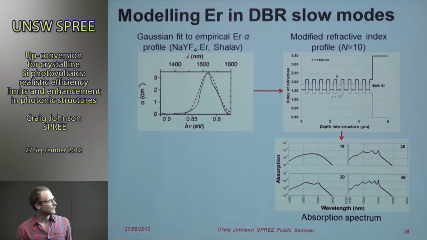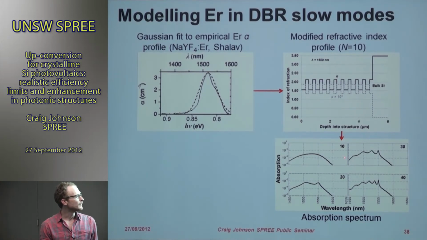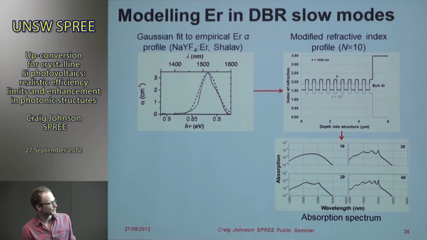As we go to 20, you see some enhancement of the peak height, going from 10 to the minus 3 to approaching 10 to the minus 2, and the imprinting of the interference fringes on it. At 30 bilayers, we get an increase again to a 10 to the minus 2 peak at 1550, and it pushes up again for 40 bilayers above 10 to the minus 2. And it's logarithmic because it shows you all of the interesting features.